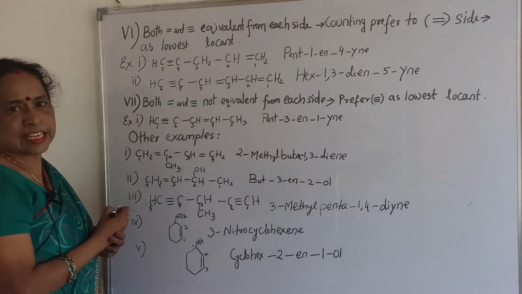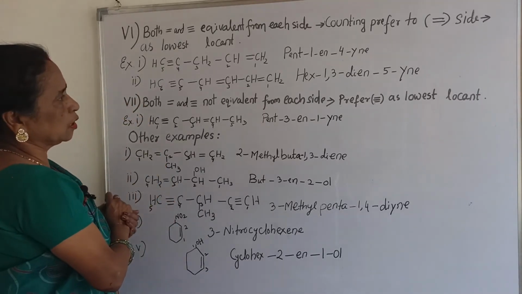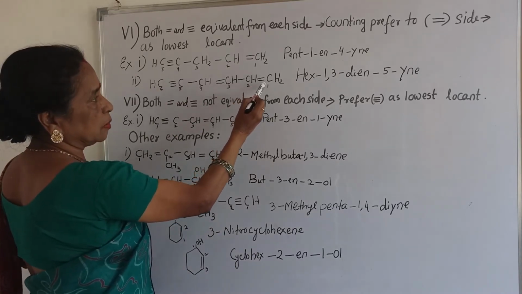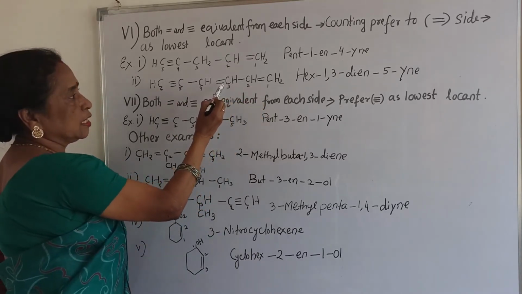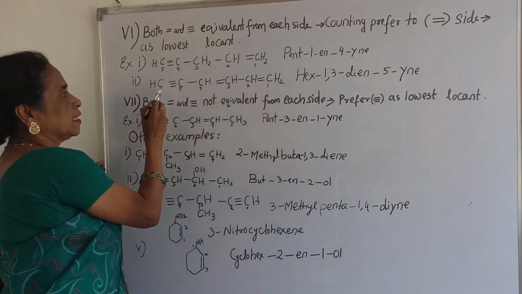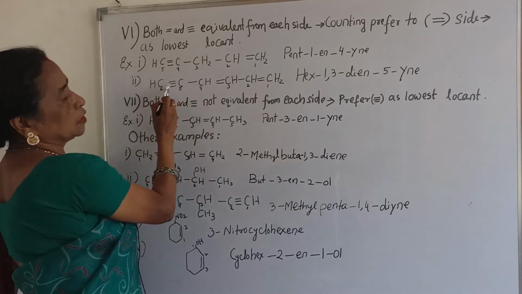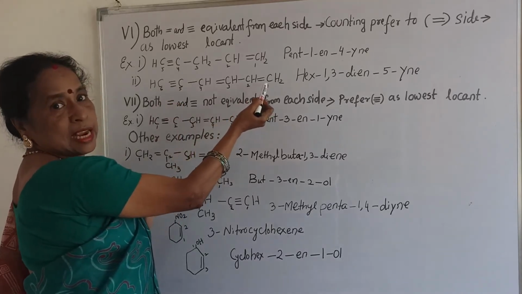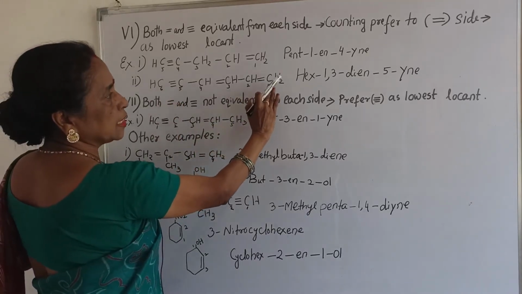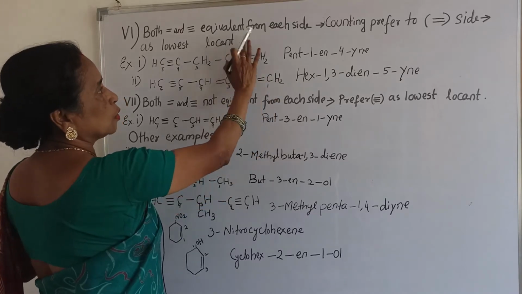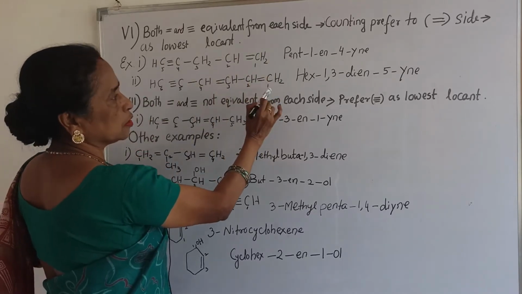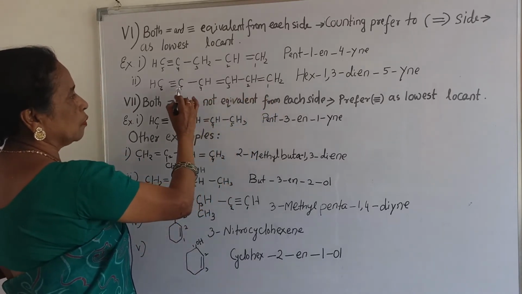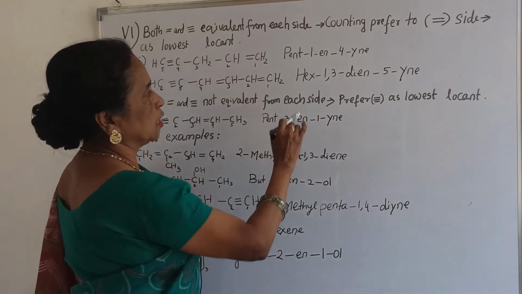Next come to the second example. In the second example also we can observe after one position there is one double bond, after three position there is also another double bond, and after the fifth position there is a triple bond. That means we will count from the side of the double bond. From this side it is nearer and they are equivalent from each side, so the double bond gets the chance to count from 1, 2, 3, 4, 5, 6. 6 means hex.